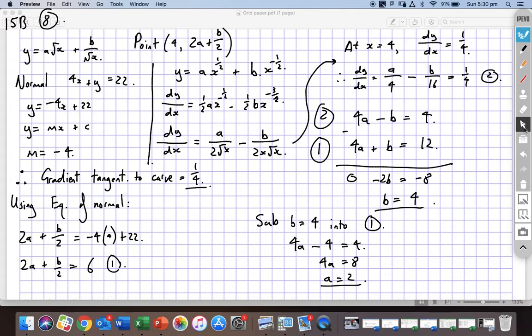Now, with simultaneous equations, it's always worth checking things. If I substitute into equation 2, I should still get a equals 2. I can check this. I should have 4 times 2 is 8, plus 4 equals 12. Yeah, everything's working. So do some checks, then you'll know 100% that you've got it right.